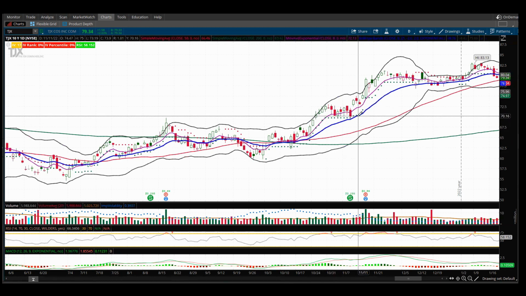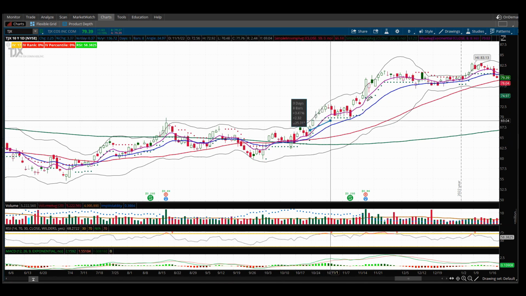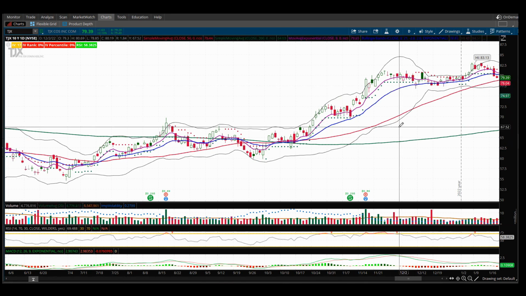You would have stayed in it and really rode it up pretty much right to the top before it started to consolidate. And on this day here, I guess you would have been stopped out. That would have been a pretty nice run. If you got in down here somewhere and got stopped out right around here, that's about a 16% gain. So that's how I use those, not as a buy signal, but just as a location to help determine where to put your stop after you're in a stock.